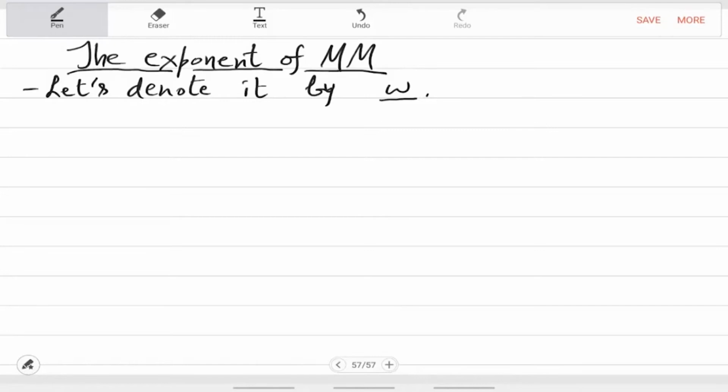So it is known that omega is between 2 and 2.37028639. Actually, we are talking about the limit, so we can also call it 2. This 2 just means that you can go arbitrarily close to 2 but never reach it. So that limit is what we are calling omega.